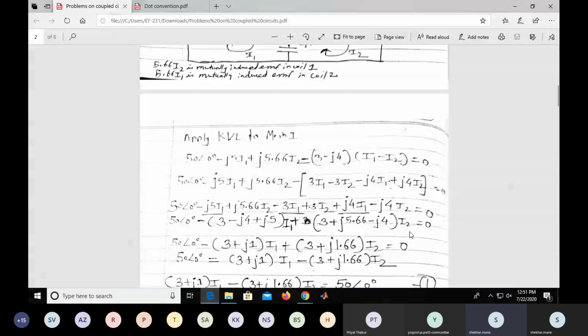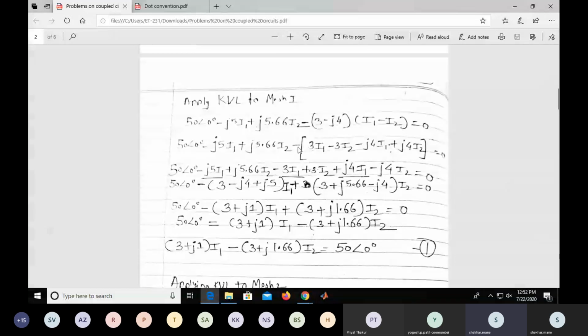50 angle 0, then minus J5 I1 plus J 5.66 I2, then the square bracket. In that square bracket I multiply the 3 minus J4 into I1 minus I2, I got this, and then after that I remove this bracket, so all negative terms will be positive and positive terms will be negative.